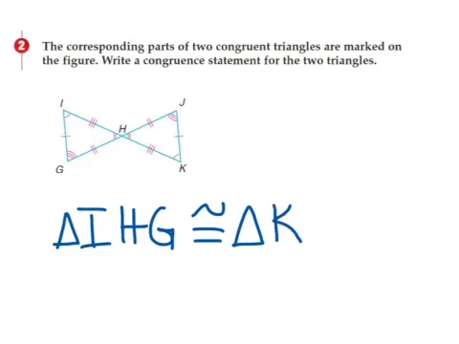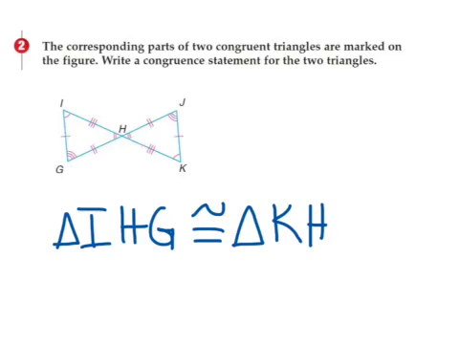Now let's look at the second vertex listed in the first triangle. H is going to be the second vertex in the first triangle. Therefore, H is the second vertex in the second triangle. Again, this is because angle H for this first triangle has 2 arcs, and angle H within the second triangle has 2 arcs.